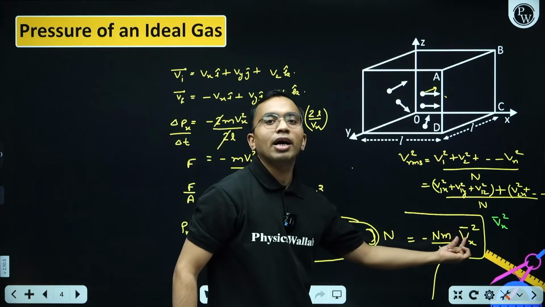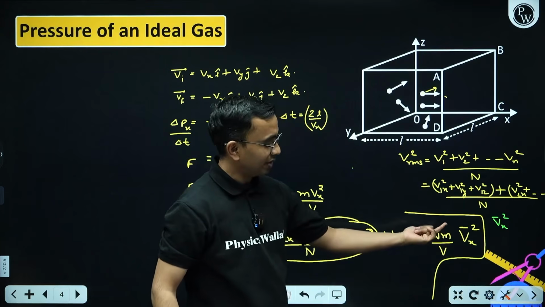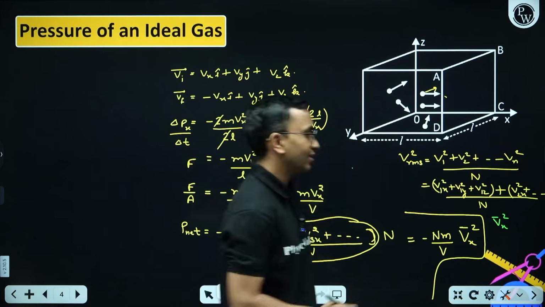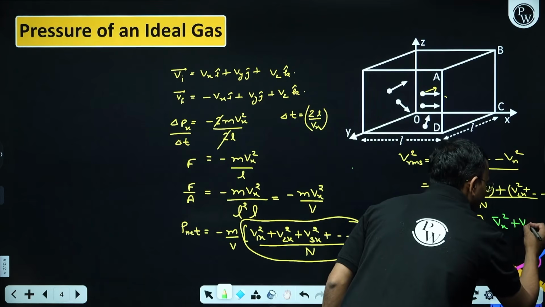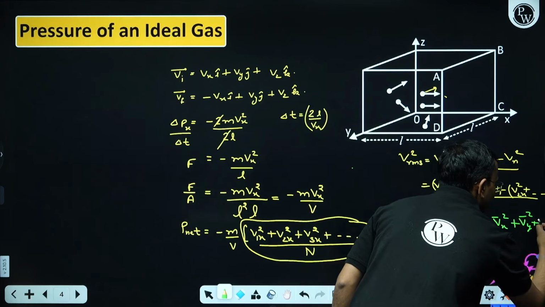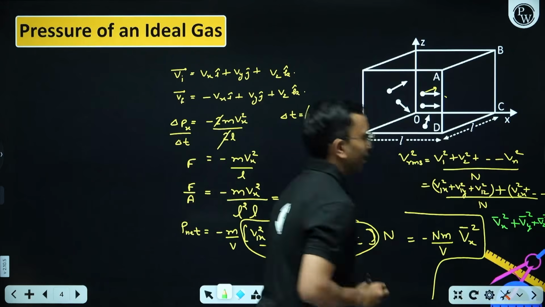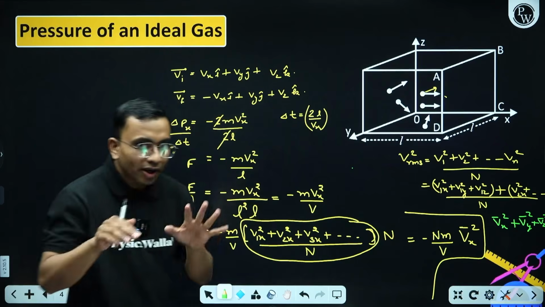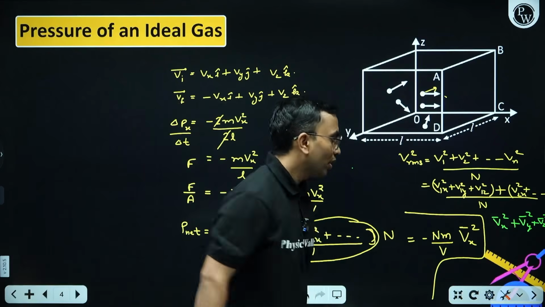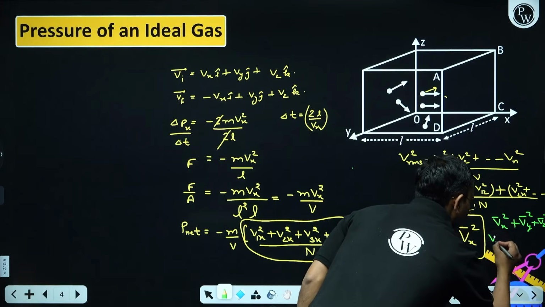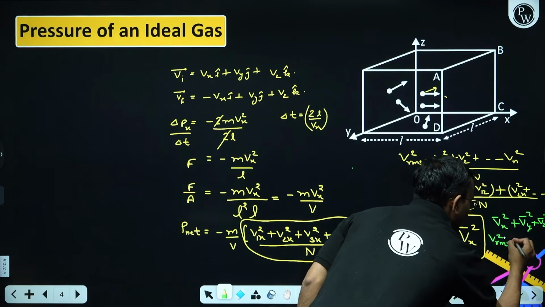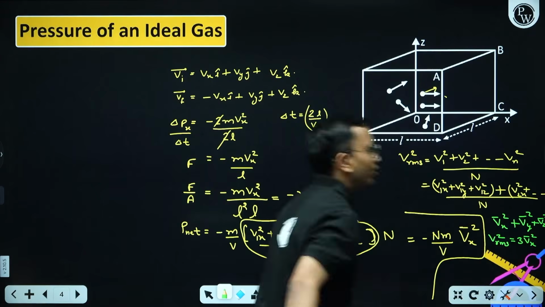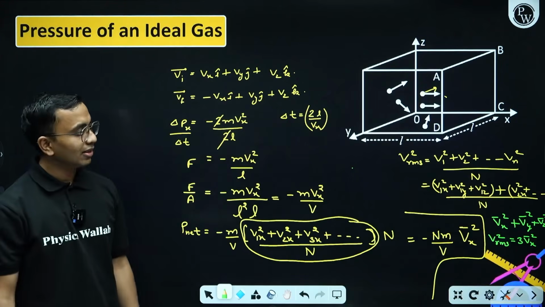That becomes what? It is the mean square. So this is mean square velocity along x plus mean square velocity along y plus mean square velocity along z. And due to randomness, I can say on an average these three are equal. So I can say my VRMS square is basically 3 times the mean square velocity along the x-axis.